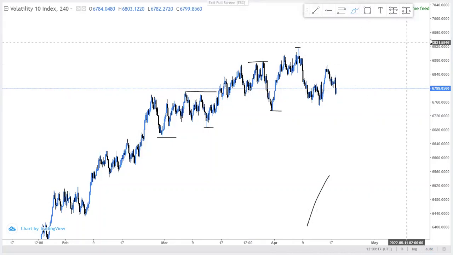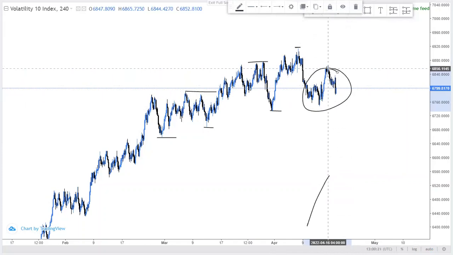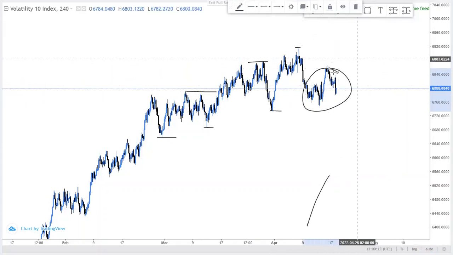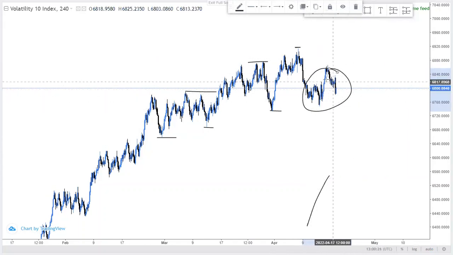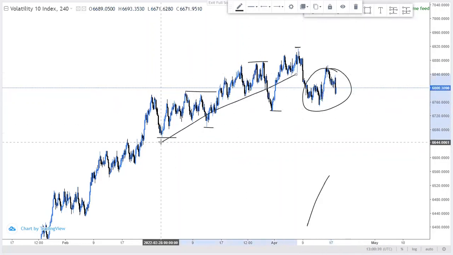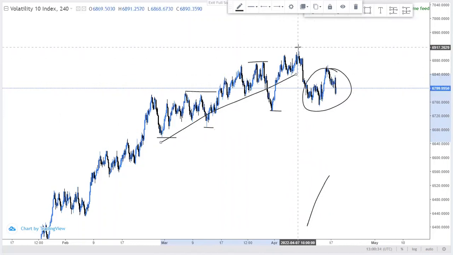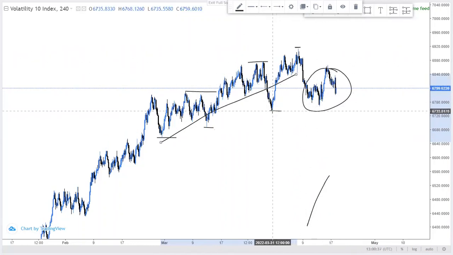But everything that we are anticipating follows price structure from this point that I've circled here. Whatever is happening here, based on what happened down here, is going to tell us if we are going to break this one or this one.